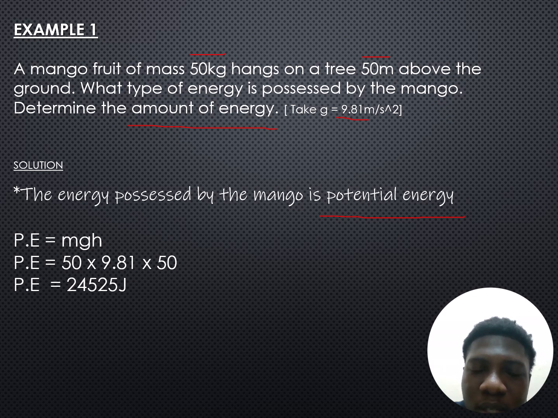Their product will just give you our potential energy, because this is mgh. So if you have their product, you are going to get this answer, 24525 joules. Please, if you want to write joules in words, use a small letter, but if you are writing the symbol, use a capital, or else I think you'll be penalized for that. All right, so let's move on to the next question.